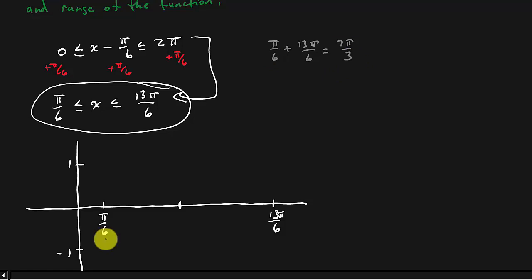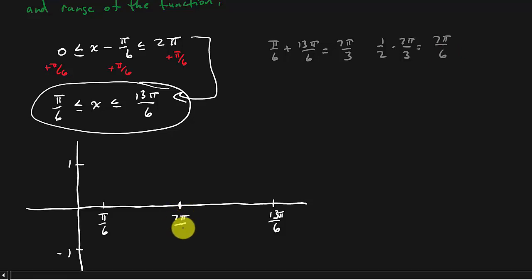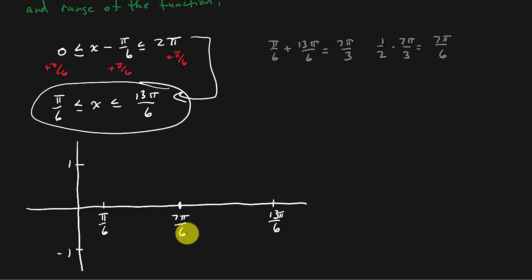Now, what do I do? I add them up and then I half it. So now I got to take half times 7 pi over 3, which is going to give me 7 pi over 6. And so this is 7 pi over 6. Right? Hope everybody's good with that.